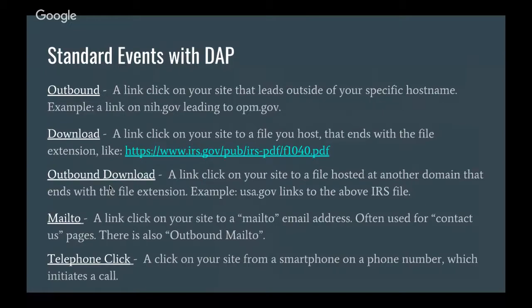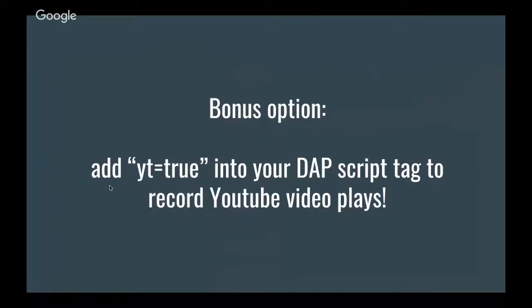But we also have a special one that you can add as an option. You can add YT equals true, which stands for YouTube equals true, into your DAP script tag to also create an event to record YouTube video plays. Now, some people are going to ask, why isn't this on by default? Actually, we had a DAP version where we did have the YouTube tracking on by default, but it wasn't what we intended.